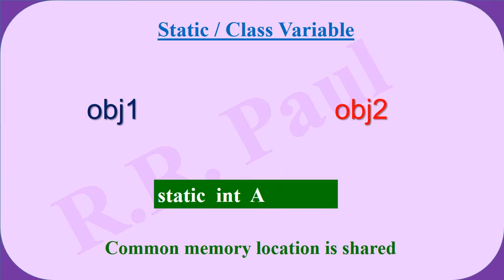Let us see a demonstration of a static or a class variable. Let's say we have declared two objects, obj1 and obj2, and we have one static integer type variable A in some class.